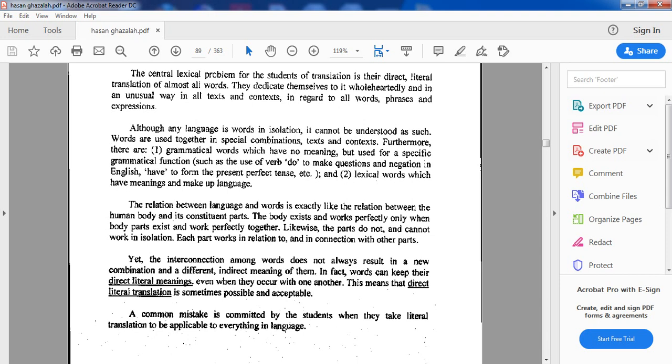Actually, as we have seen last semester, when we talked about types of translation, we came across literal translation, and we said it is sometimes completely unacceptable.